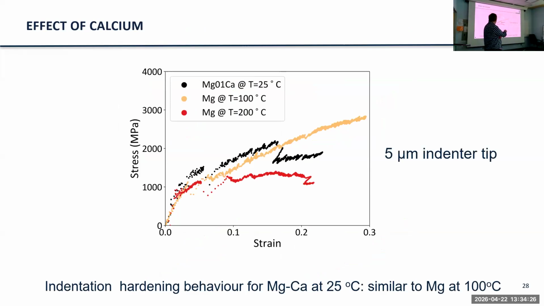And you can see here, the magnesium calcium is in black, and then this is at 100 degrees and this is at 200 degrees. This black curve is kind of similar to magnesium at 100 degrees. She's done a lot of measurements to show this trend follows up, that calcium at room temperature is like you're doing the deformation at a higher temperature in commercial purity magnesium.